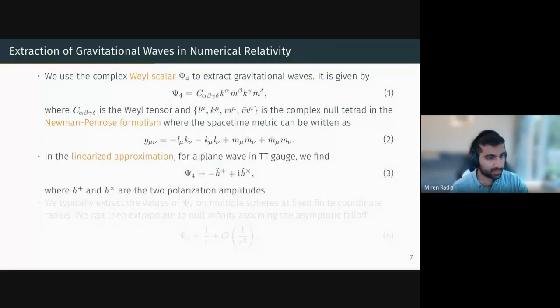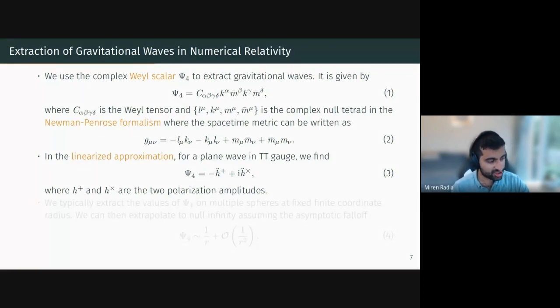You're probably familiar from undergraduate general relativity courses with what gravitational waves are. They arise as plane wave solutions to the linearized Einstein equations. And you will probably remember that in transverse traceless gauge there are 2 independent components: h plus, the plus polarization, and h cross, the cross polarization.